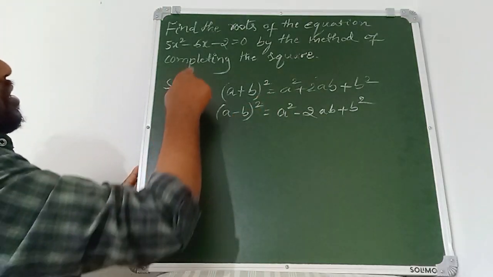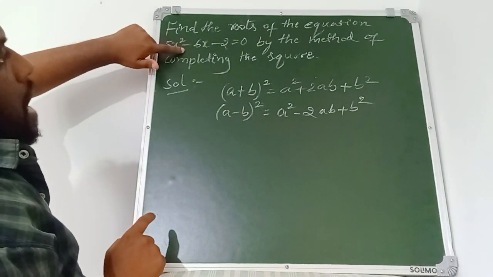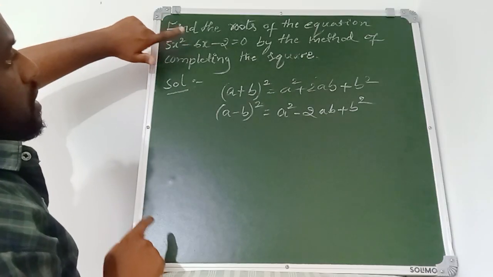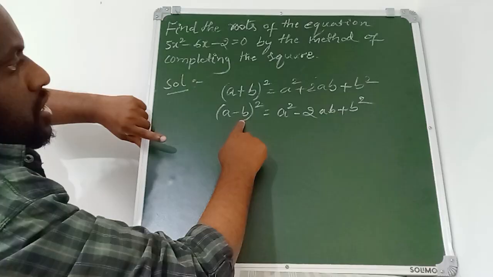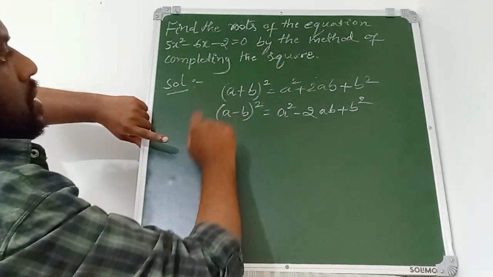So completing the square means we have to bring this equation into this form, that is, a square.